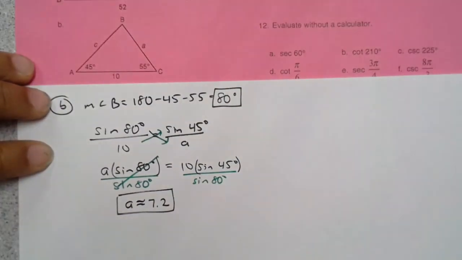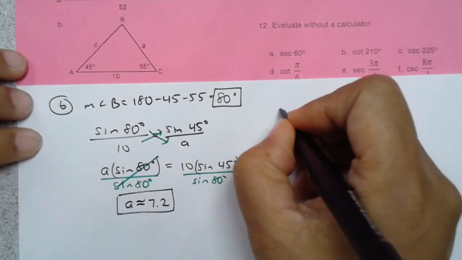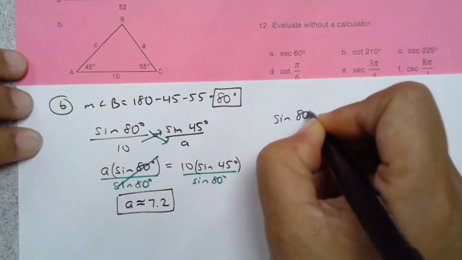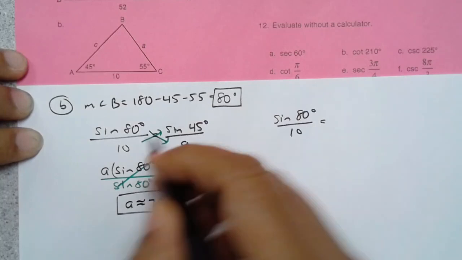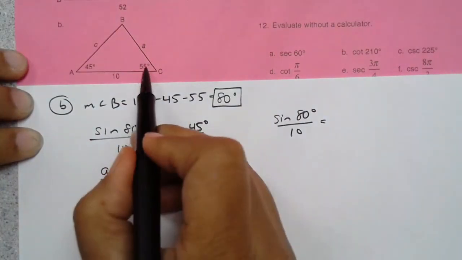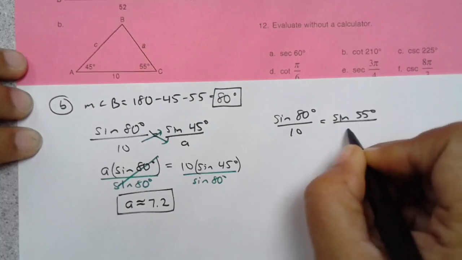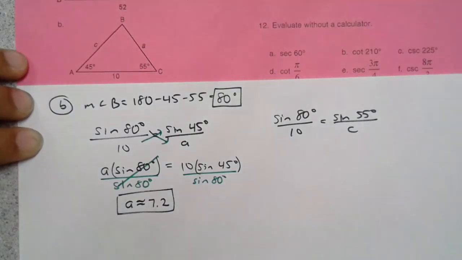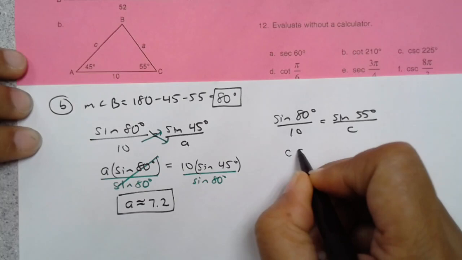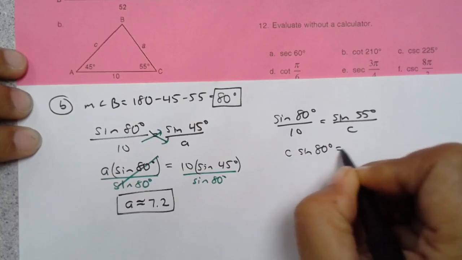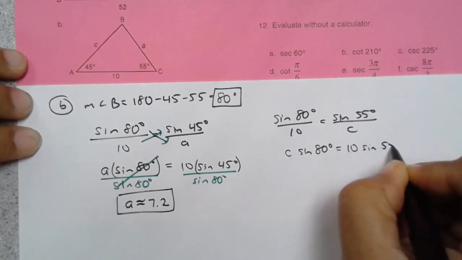So to solve for side C, I'm going to go ahead and set it up again. I have sine of 80 degrees over 10 using the same ratio as the beginning. But this time I want C, so I'm going to use sine of 55 degrees divided by side C. Again, I'm going to cross multiply. So we get C sine of 80 degrees equals 10 sine of 55 degrees.